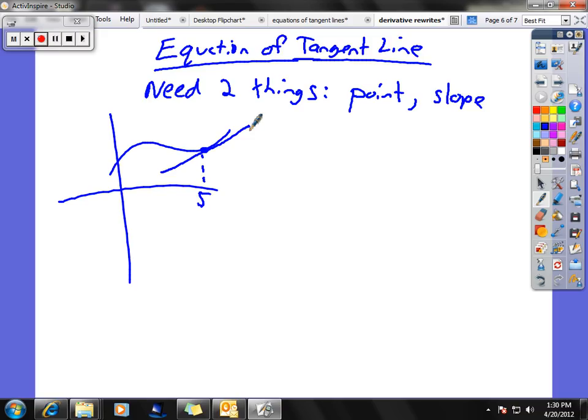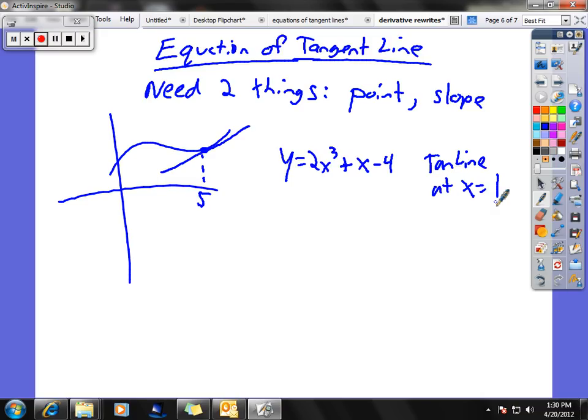So let's say we have y equals 2x cubed plus x minus 4, and write the equation of the tangent line at x equals 1.